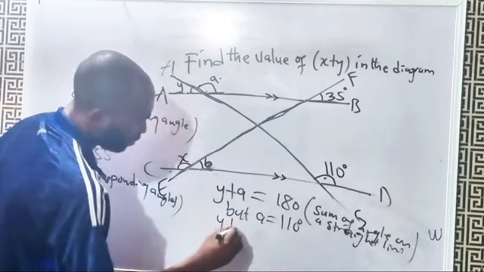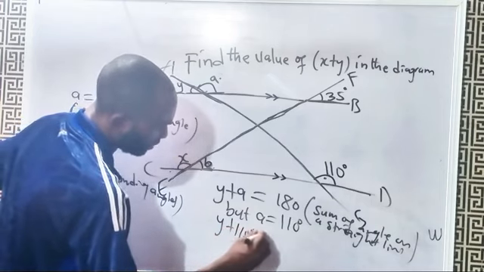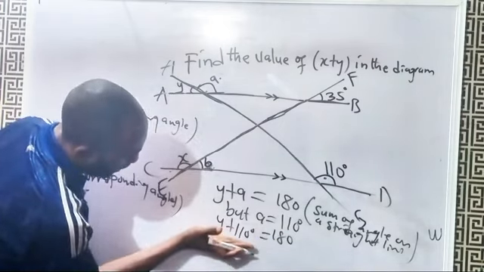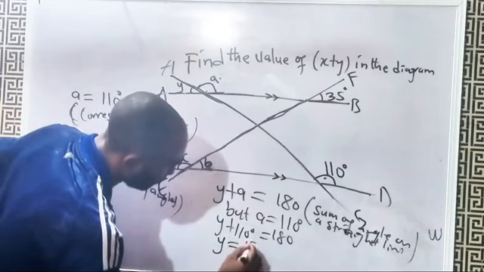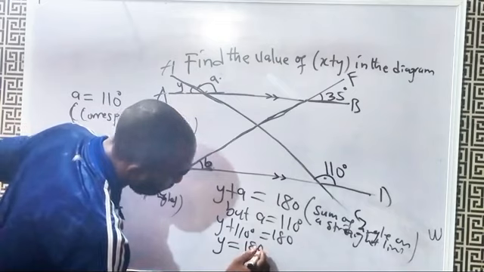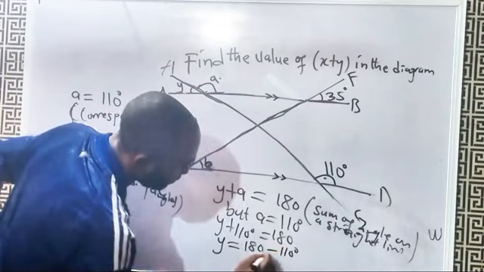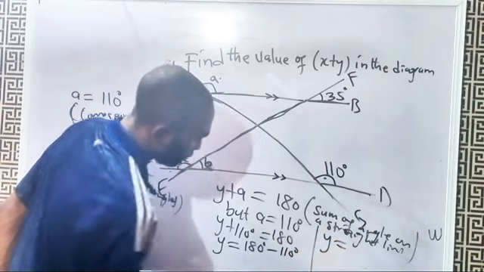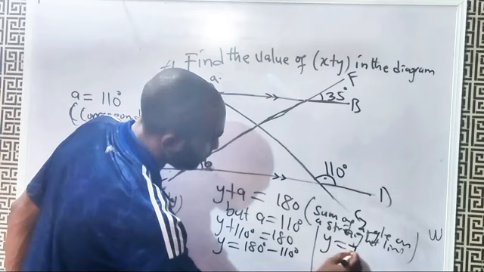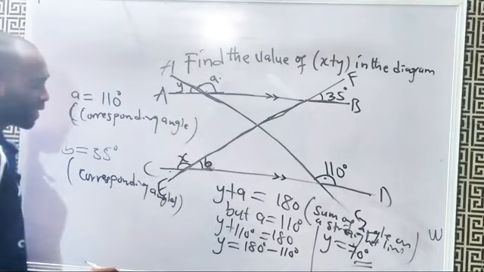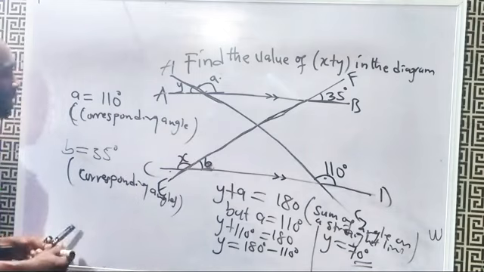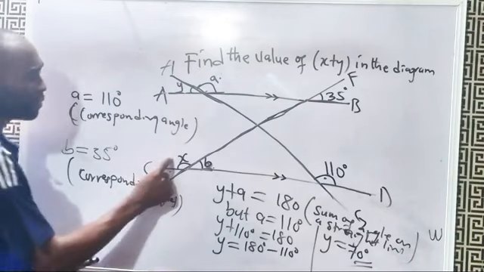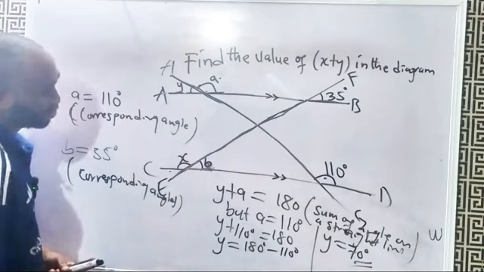So y plus 110 degrees is equal to 180. Here you can collect like terms: y is equal to 180 degrees minus 110 degrees. 180 minus this gives you 70 degrees. So your y is 70 degrees.